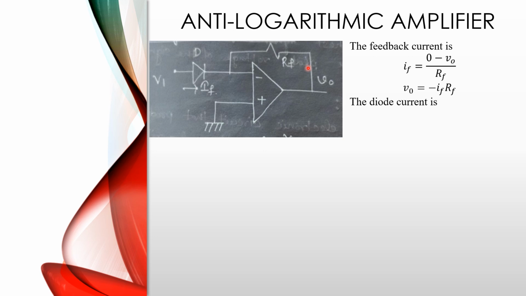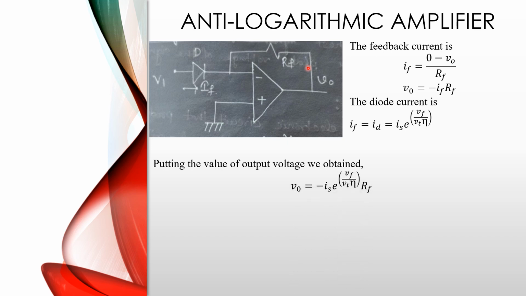Now, what is the diode current? We know the diode current is ID equal to IS e to the power Vf divided by eta Vt. Now, putting the value of the diode current in the output voltage equation, we obtain V0 equal to minus IF RF.